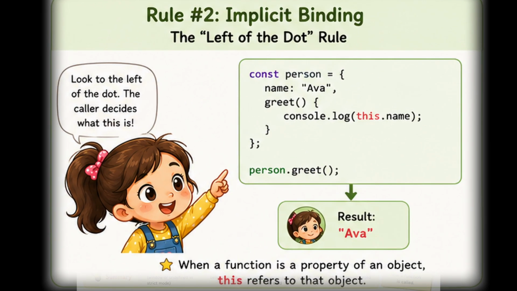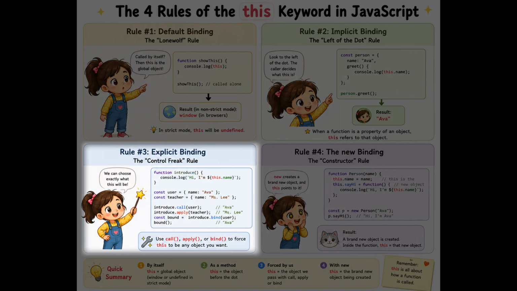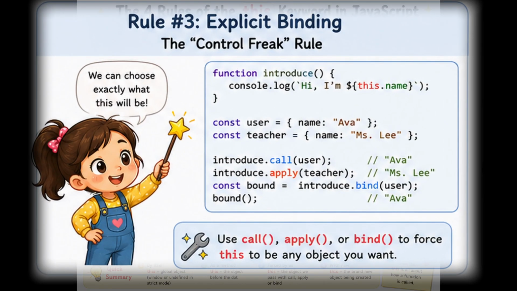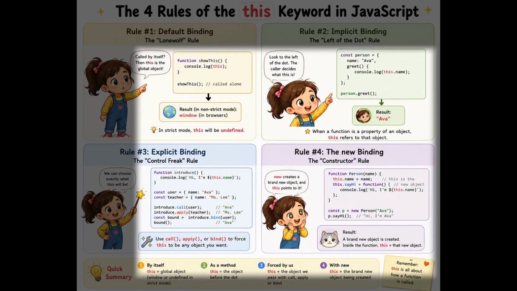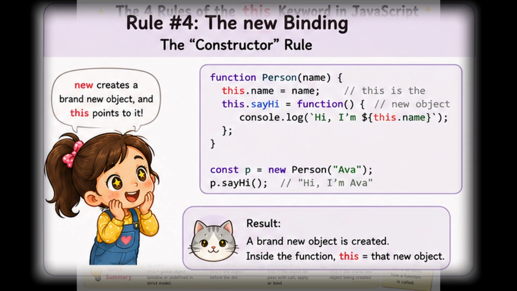Look to the left of the dot. Rule number 3, explicit. Call, apply, or bind. Rule number 4, new. The new keyword makes a fresh object context.